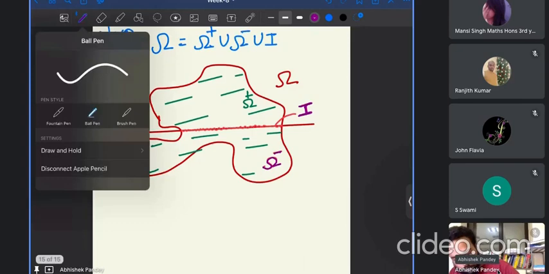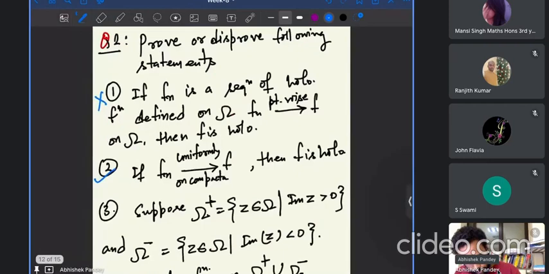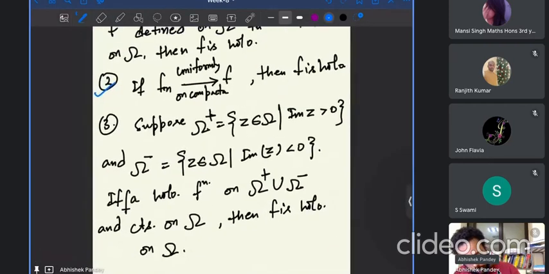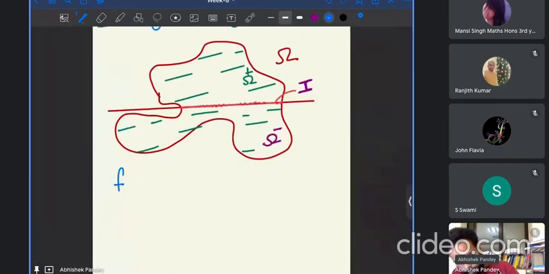Okay, so what is your F? Let us say F is holomorphic on Omega plus and Omega minus.